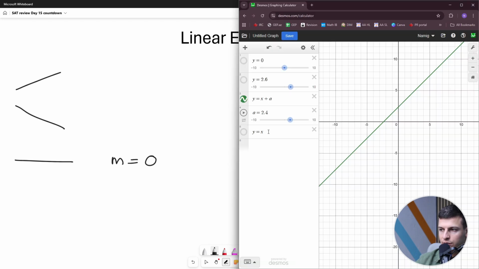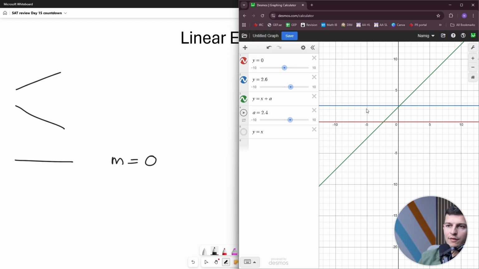Again, not y equal to x, y equal to a constant. So these two, let me turn this one off. These two have a slope of 0. Now we already have y equal to x plus a. As you can see, it's traveling upwards, right? Now, you might say, I've actually heard people saying that it is coming down.